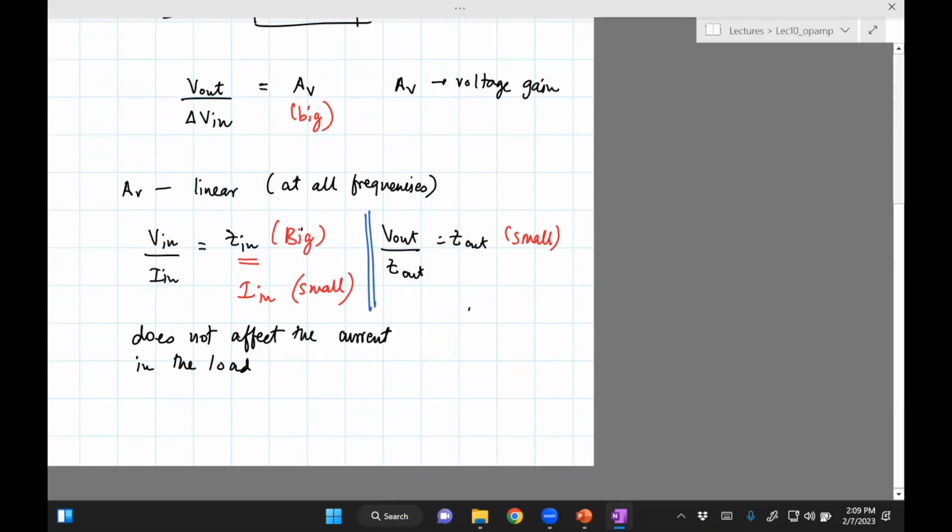What that means is that for a given change in V in, the output voltage does not change much. And that is a good thing to have because if the output voltage changes by a whole lot, then it's not going to do a good job of amplification.